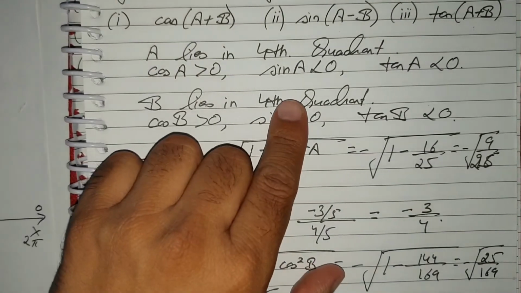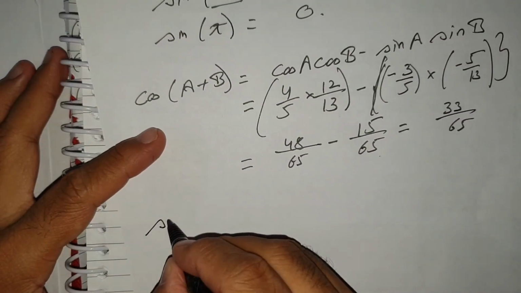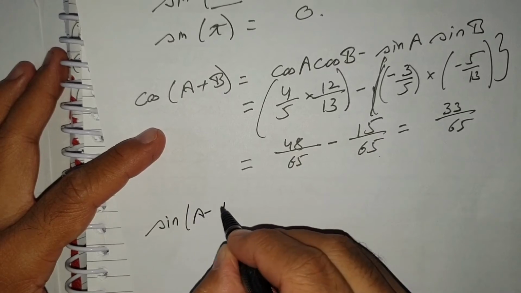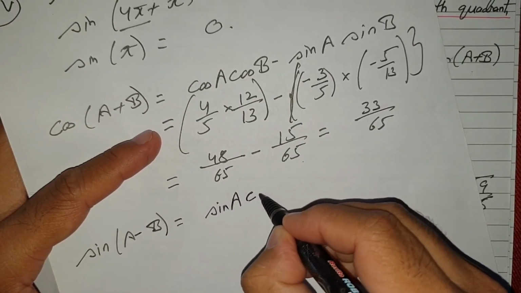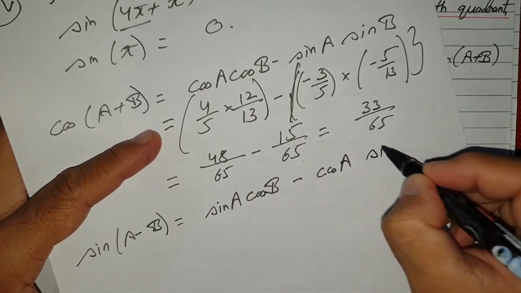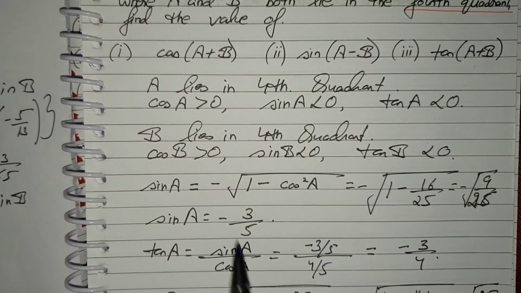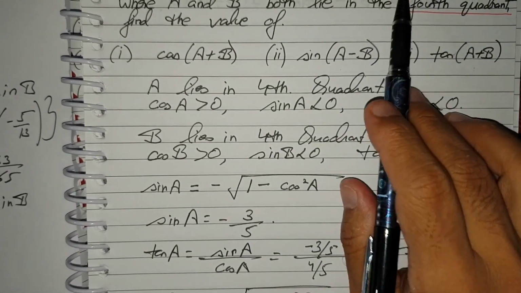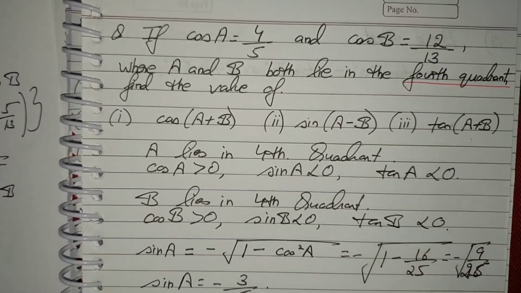Second part is sin(A-B). Applying the formula: sin A cos B minus cos A sin B. Sin A cos B. What is sin A? Sin A is minus 3 by 5. Cos B is 12 by 13.